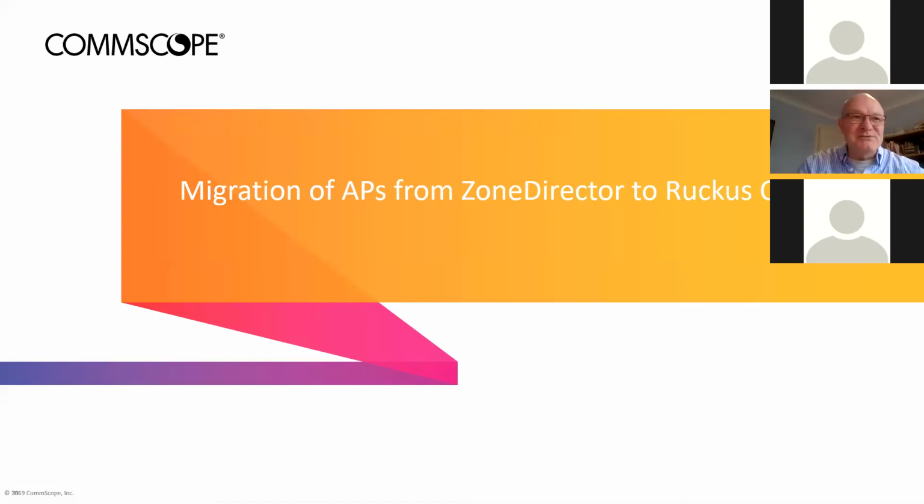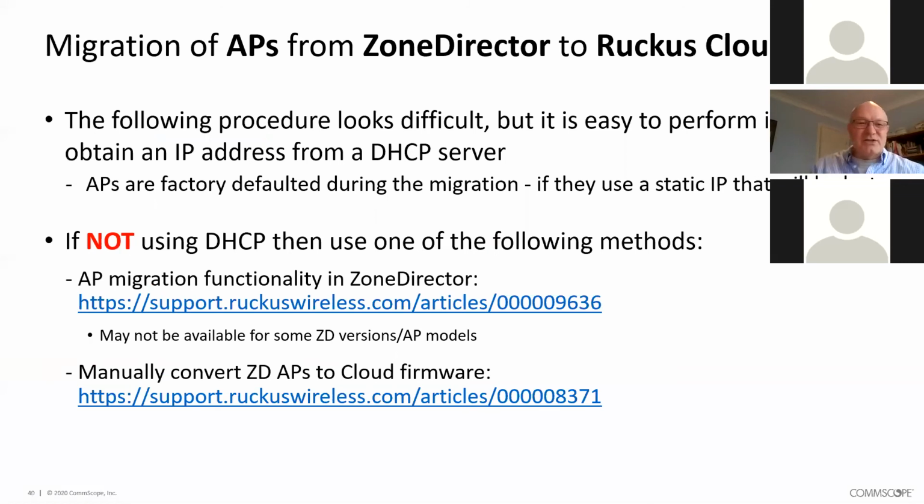Now, more specifically, there's a little bit more involved to get access points from a ZoneDirector to RUCKUS Cloud. We just have to do a little bit more technical work. We've tried to make it as simple as possible, so stay with me and we'll follow through the process of migrating access points from ZoneDirector to cloud.